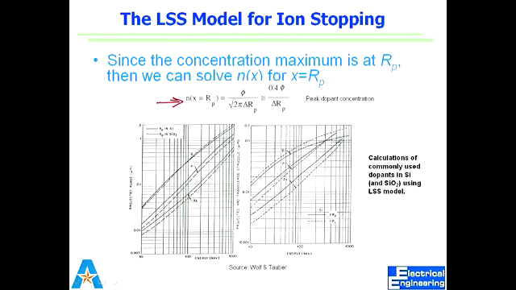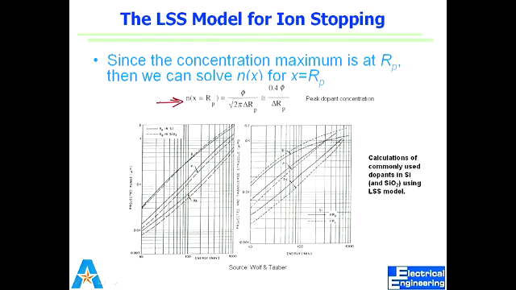Now, why 0.4 Q over delta RP? If you remember that Gaussian relationship, that's where the maximum will occur, 0.4 of Q. So this is the calculation of simple dopants in silicon with LSS: arsenic, phosphorus, boron, right?